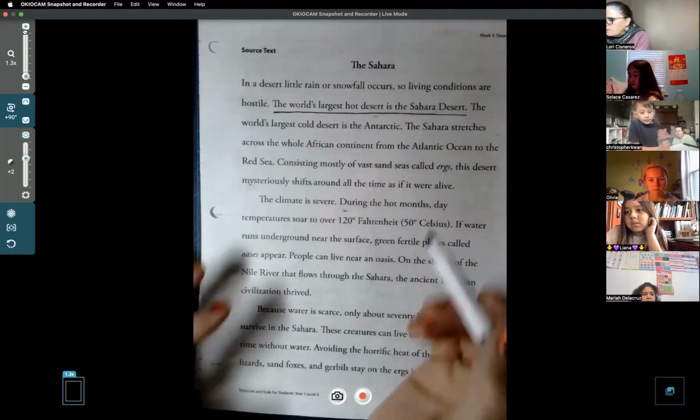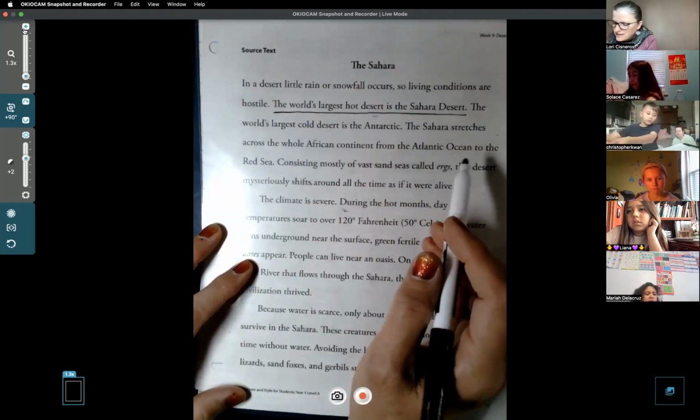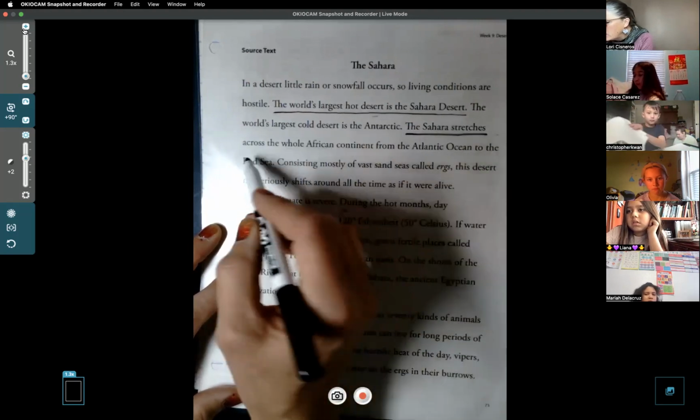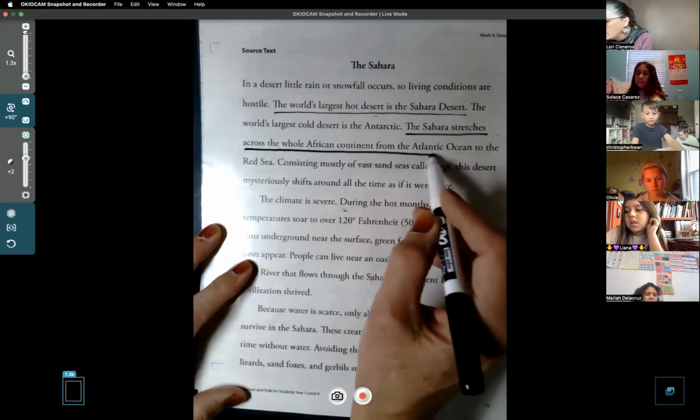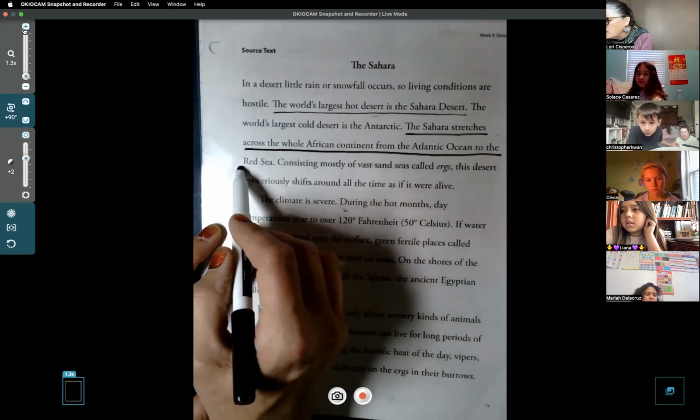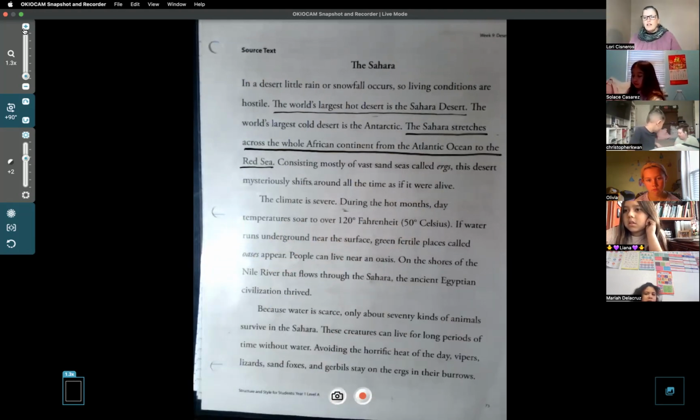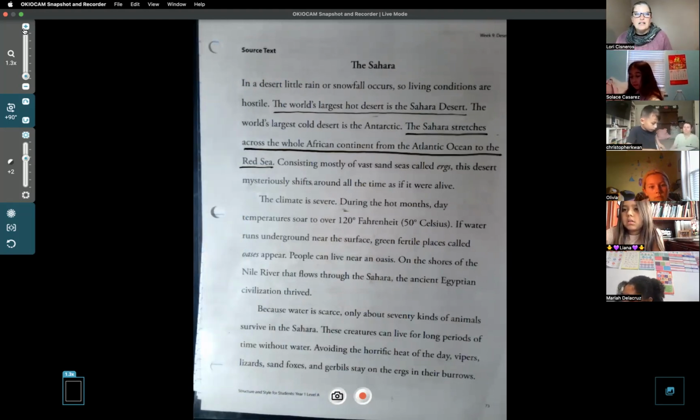Yeah. So, but this part here, how big it is, the Sahara stretches across the whole African continent from the Atlantic Ocean to the Red Sea. That's huge. It's actually a little bit bigger than the whole United States.